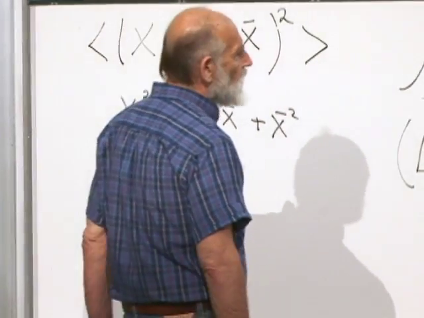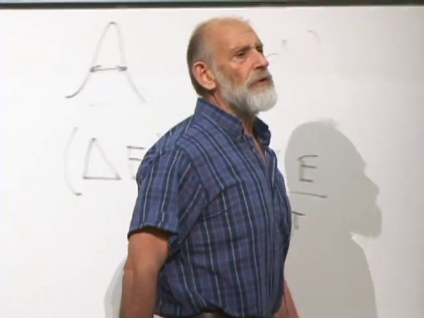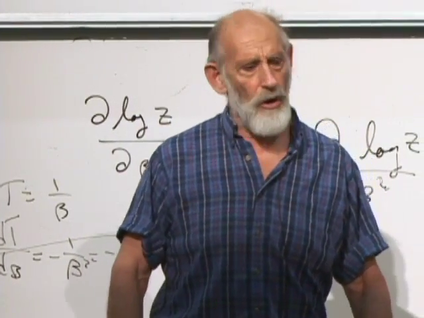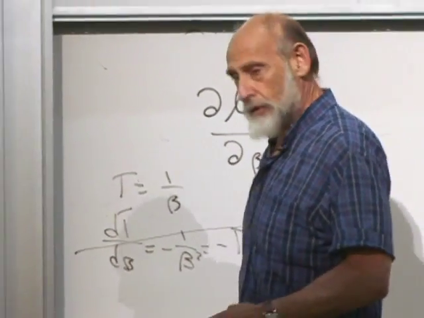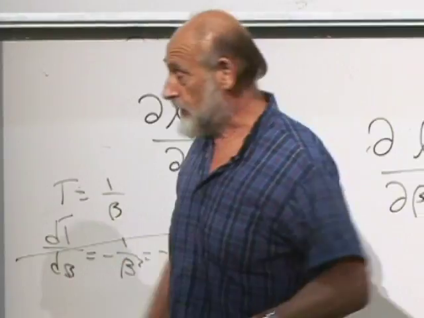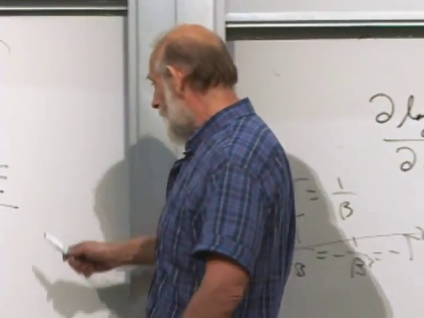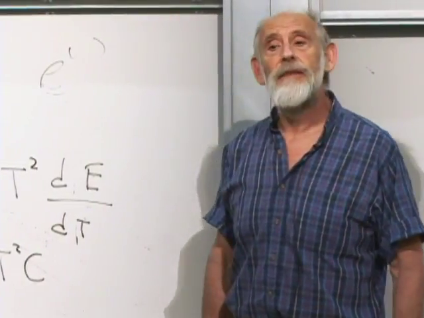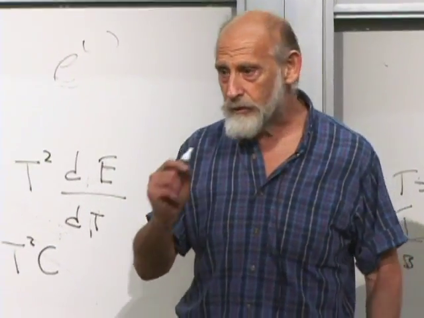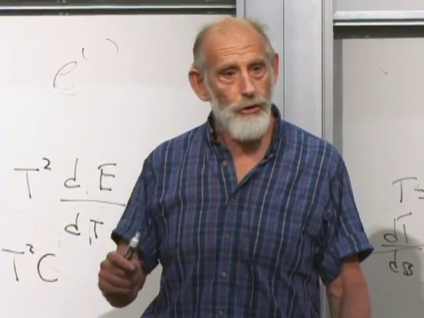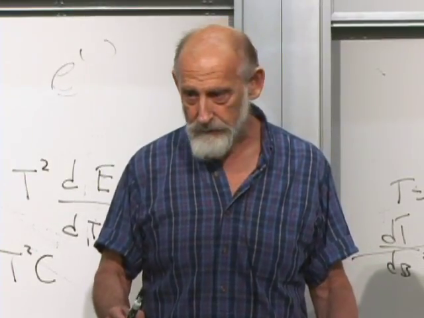Okay, first of all, how does the heat capacity grow with the number of particles in a system? Remember what it is now, or the size of the system. Let's say the number of particles. It's the amount of heat that you need to change the temperature by 1 unit. It's proportional to the number of particles in the system.